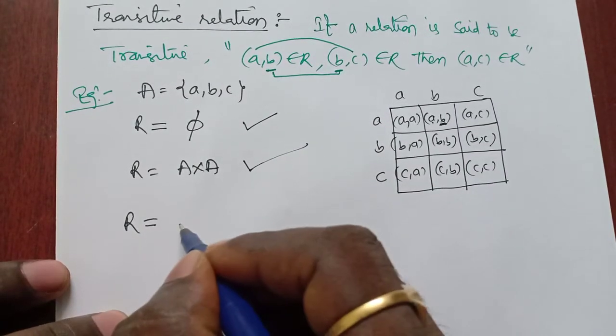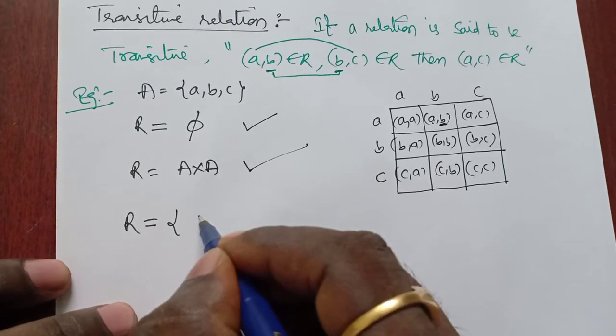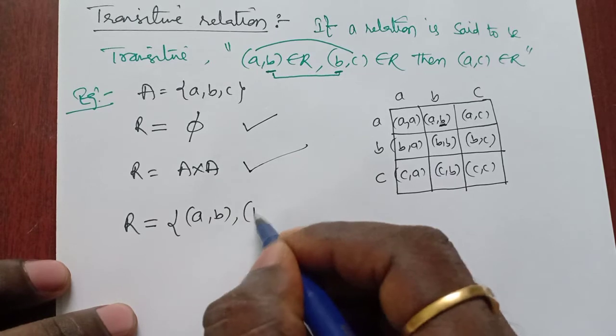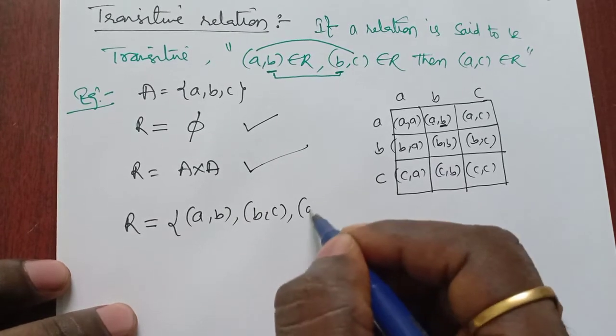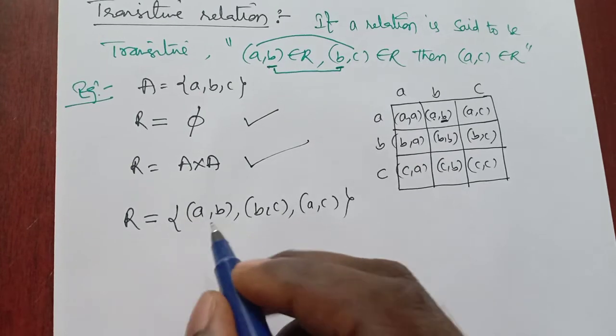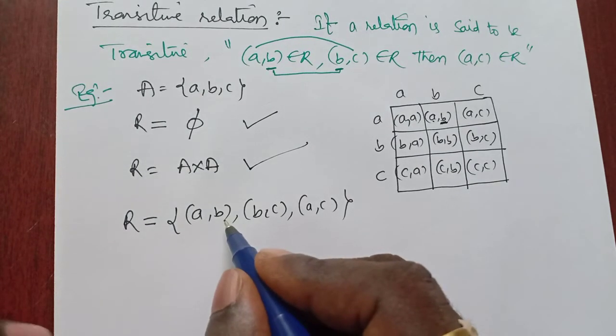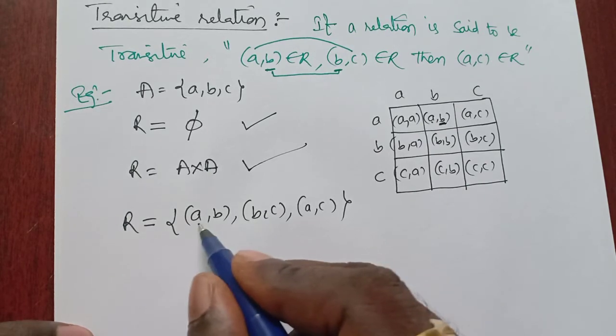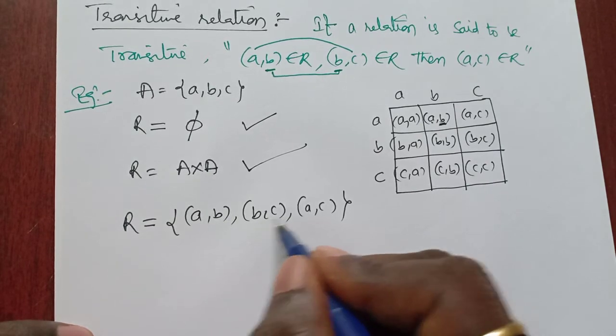Now, consider (a, b), (b, c), and (a, c). Clearly, (a, b) ends with b and here one starts with b. So (a, b), (b, c).